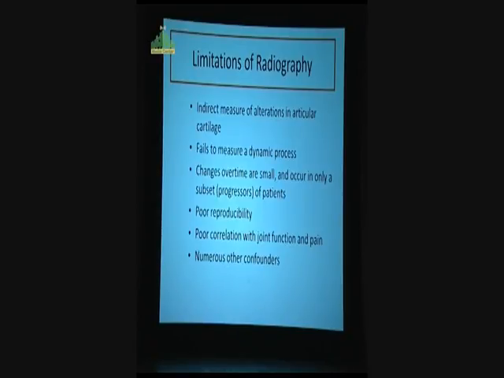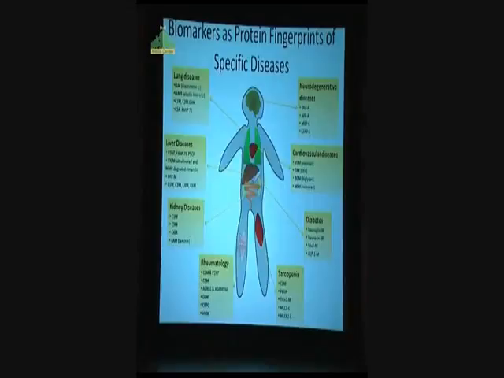Radiographs can be poorly reproducible, and most importantly, the correlation with pain can be questionable. So in certain patients, the joints are extremely painful, and in others where there's significant cartilage loss, there is no pain.